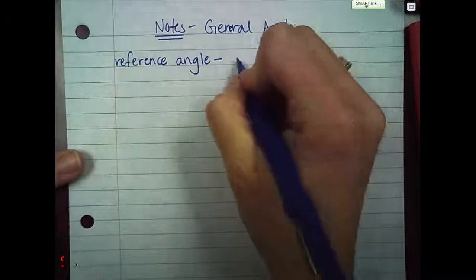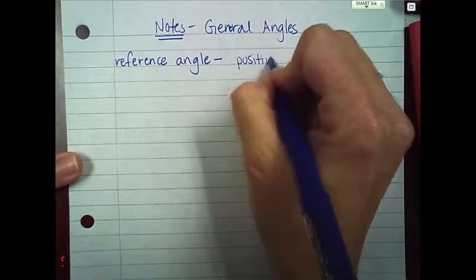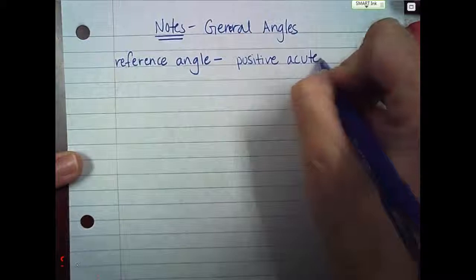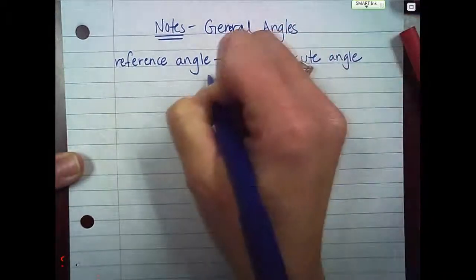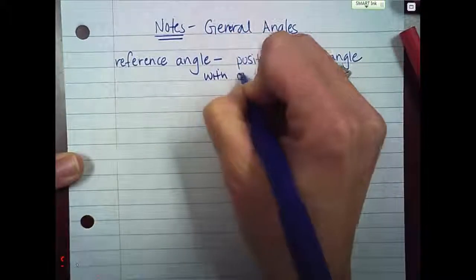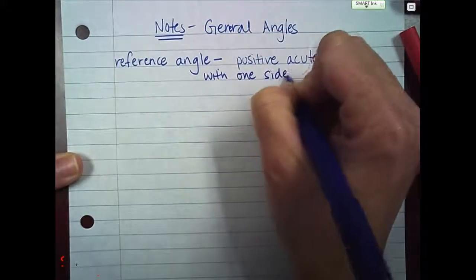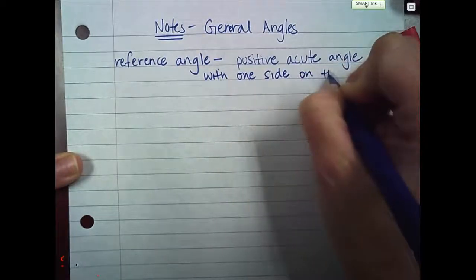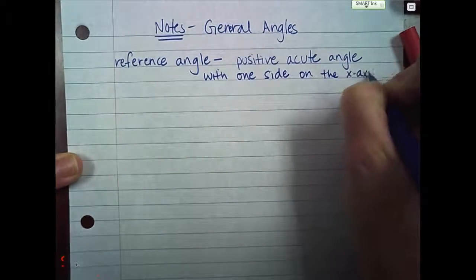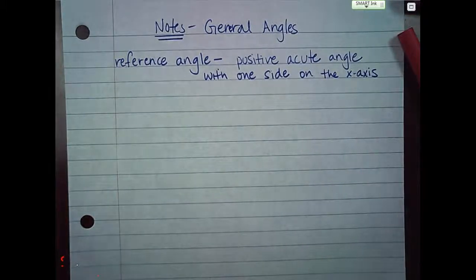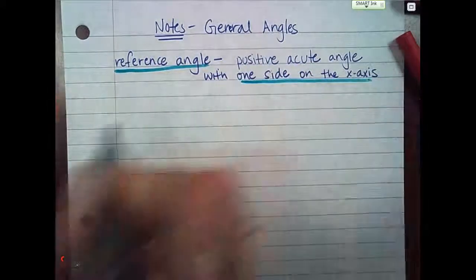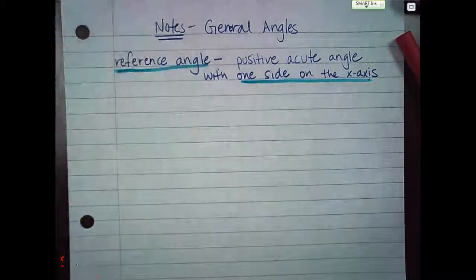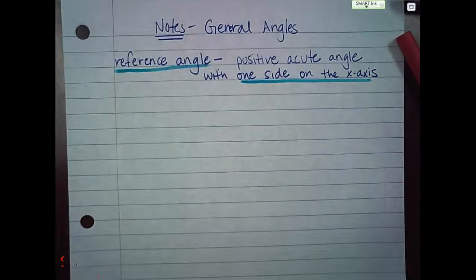The reference angle is a positive, acute, remember acute is less than 90, angle with one side on the x-axis. Really important to remember one side's on the x-axis. That's critical.